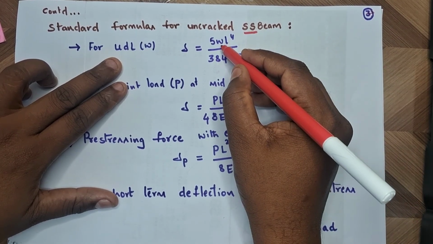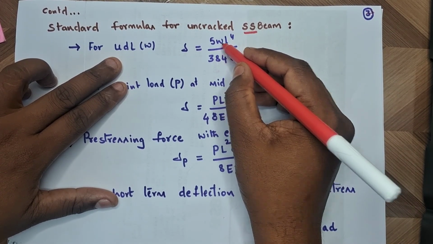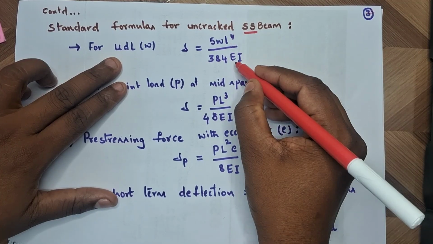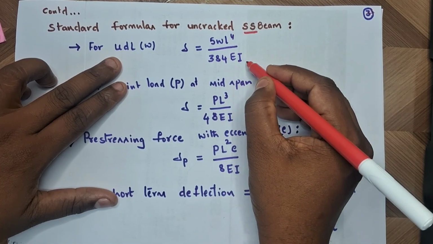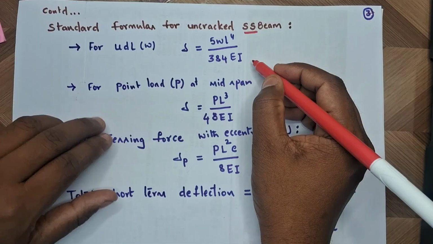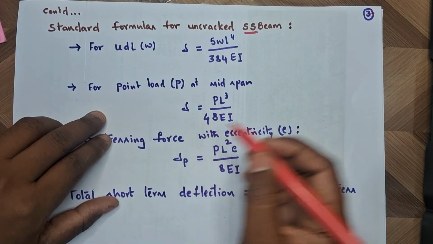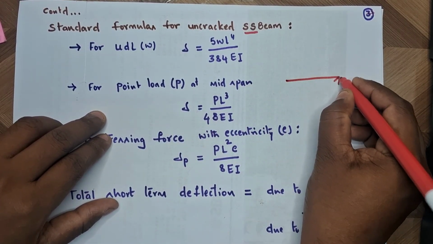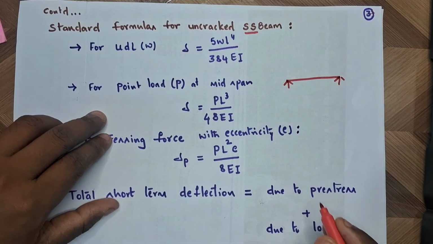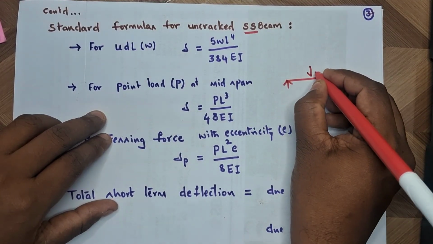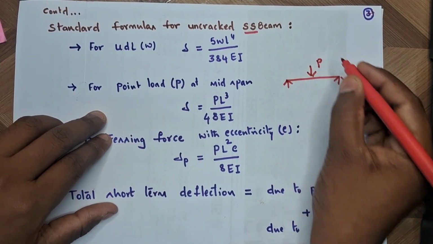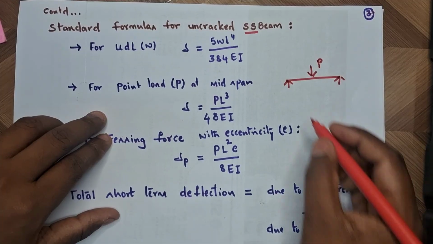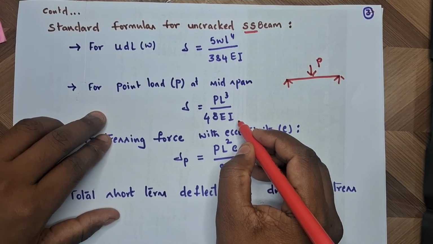Here W is the UDL load, L is the span, E is the modulus of elasticity, I is the moment of inertia. If it is a point load, suppose this is the simply supported beam, the load is at the midpoint, then the deflection is equal to PL cubed by 48EI.